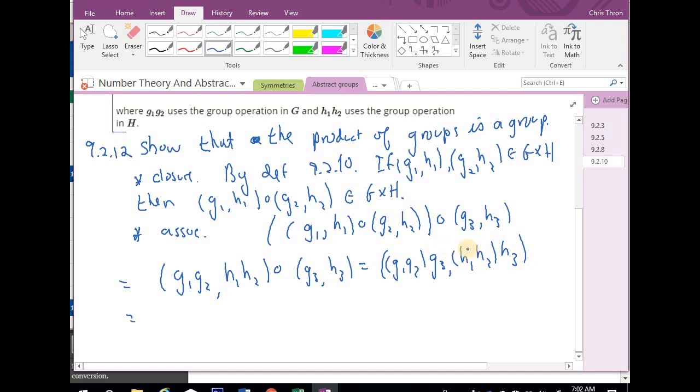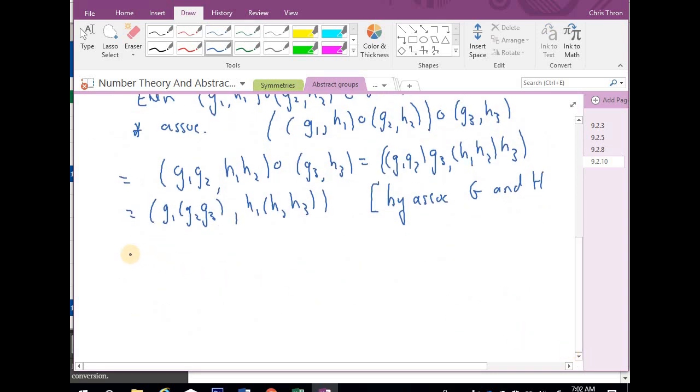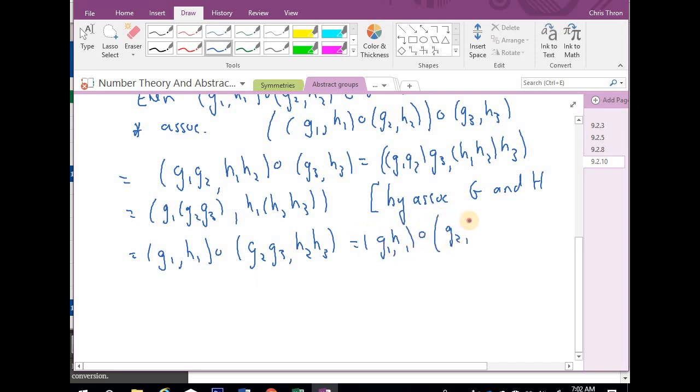Now I can use the associative property on the individual groups, so that's equal to (g1 (g2 g3), h1 (h2 h3)), and this is by the associative property of G and H. And that's equal to (g1, h1) composed with (g2 g3, h2 h3), and that's equal to (g1, h1) composed with (g2, h2) composed with (g3, h3). Okay, that's a little bit more writing, but it's still only four lines.